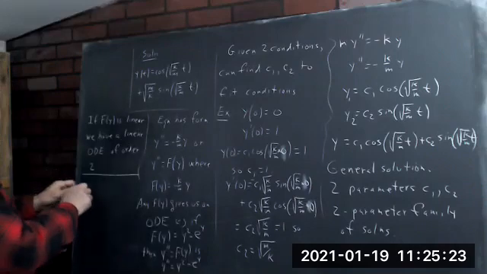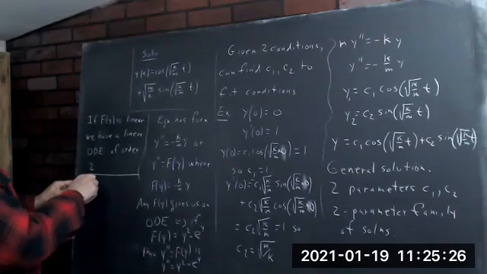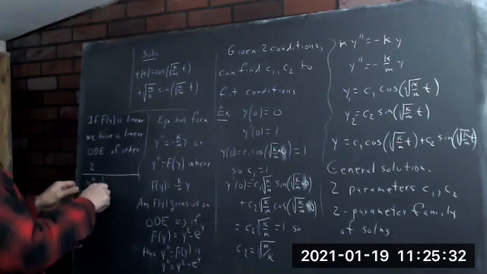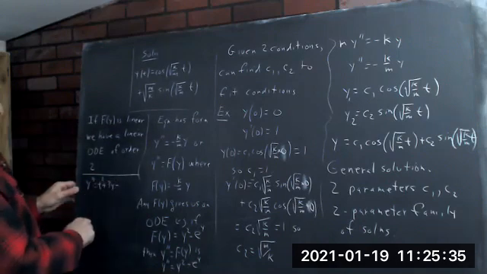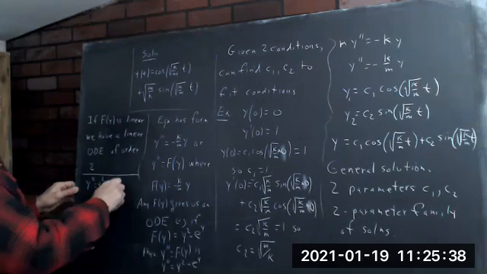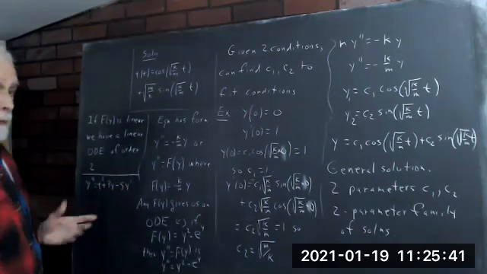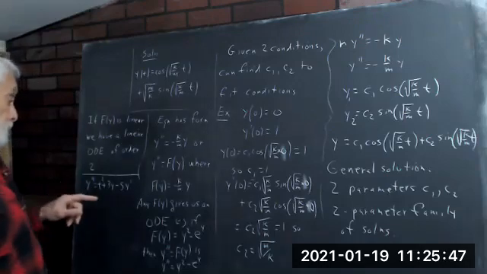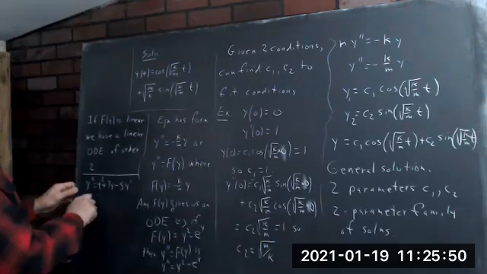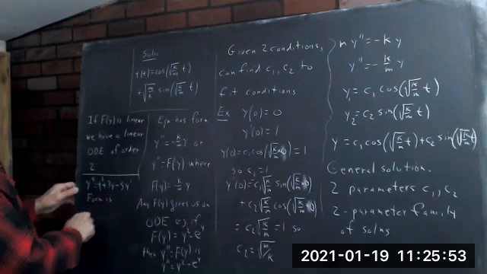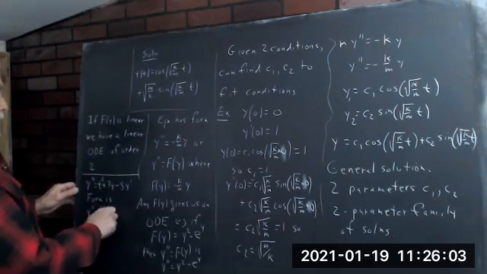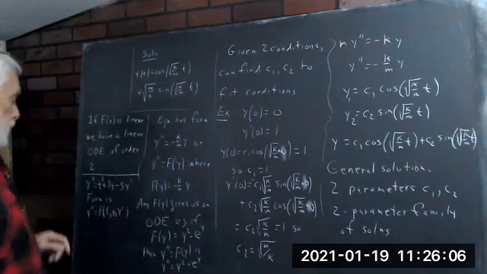Okay. Now, we could have y double prime equals t squared plus 3y minus 5y prime. Actually, a fairly easy equation to solve, as we'll see later. Now, this is the form y double prime equals f of t, y, and y prime.